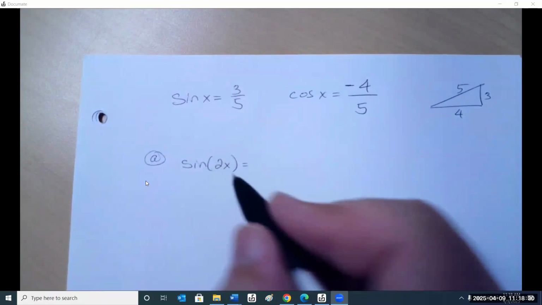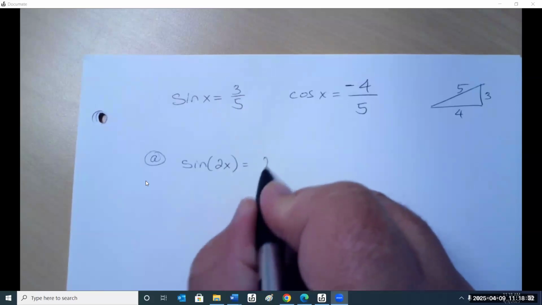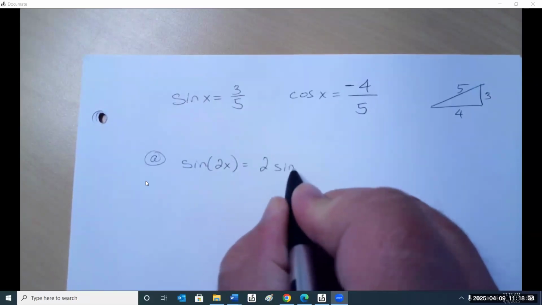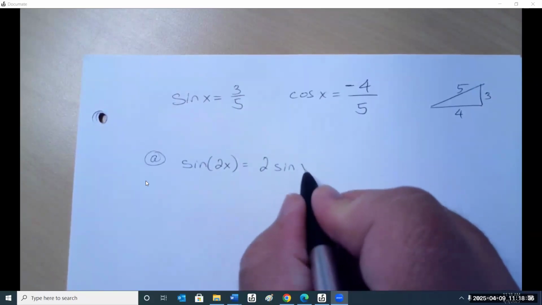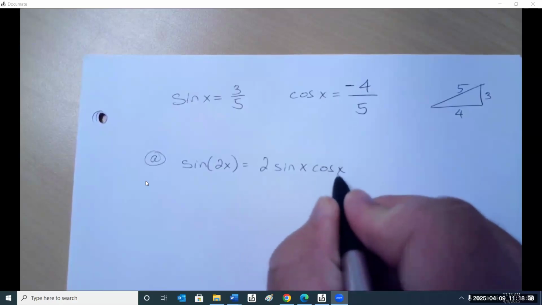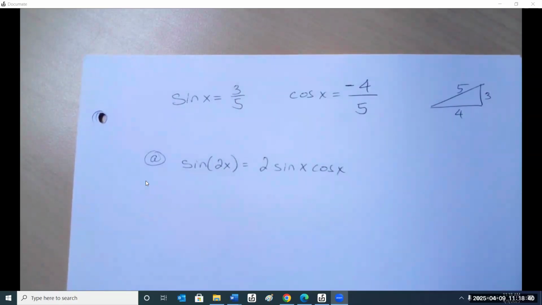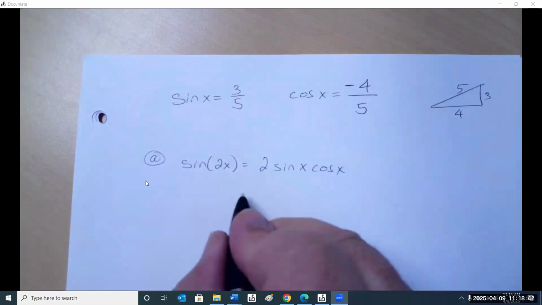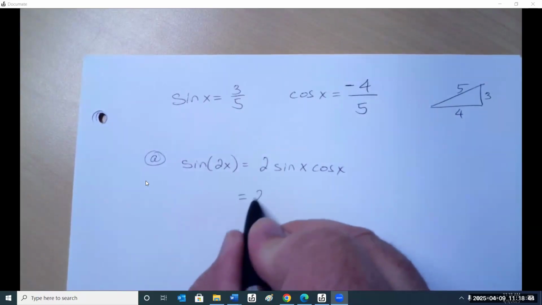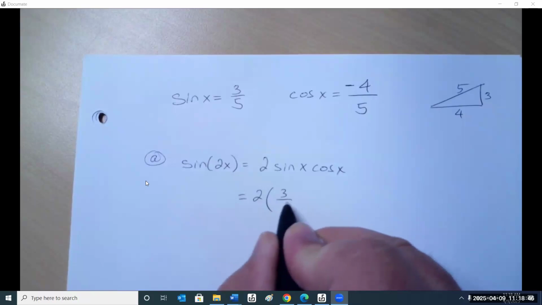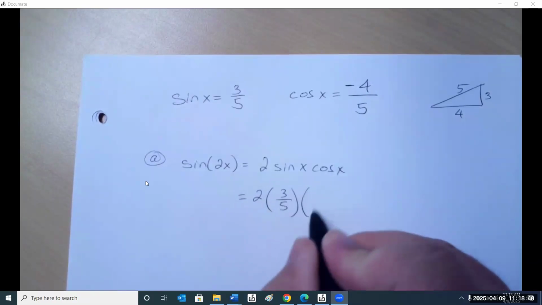So the sine of 2x will be 2 sine x cosine x. So it's 2, sine x is 3 over 5, cosine is negative 4 over 5.